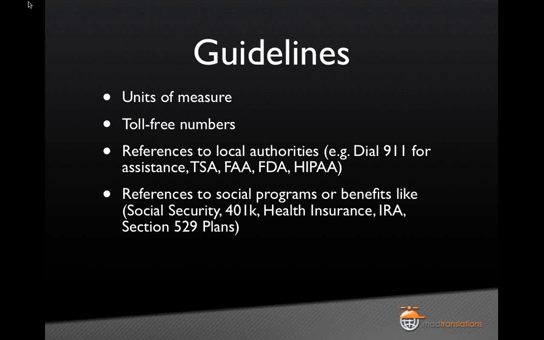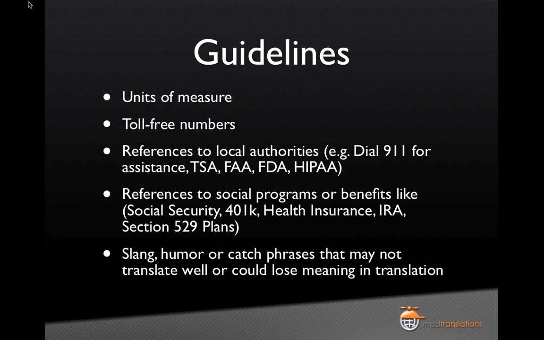Those are all concepts that obviously don't necessarily exist in translation and would have to be modified by your translator, and also references to social programs or benefits like Social Security and 401k and health insurance, IRAs, Section 529s. You'll also want to make sure to address any slang, humor, or catchphrases that may not translate well, and especially, again, in your marketing content.